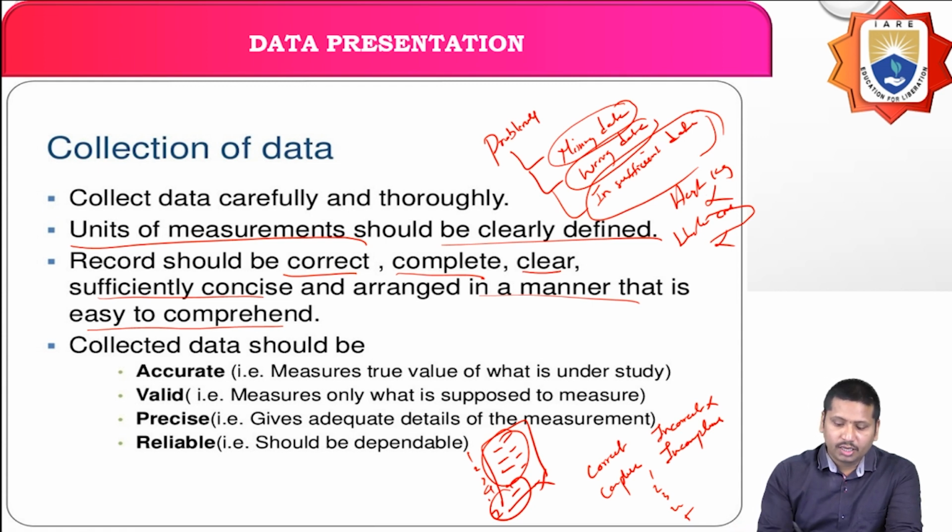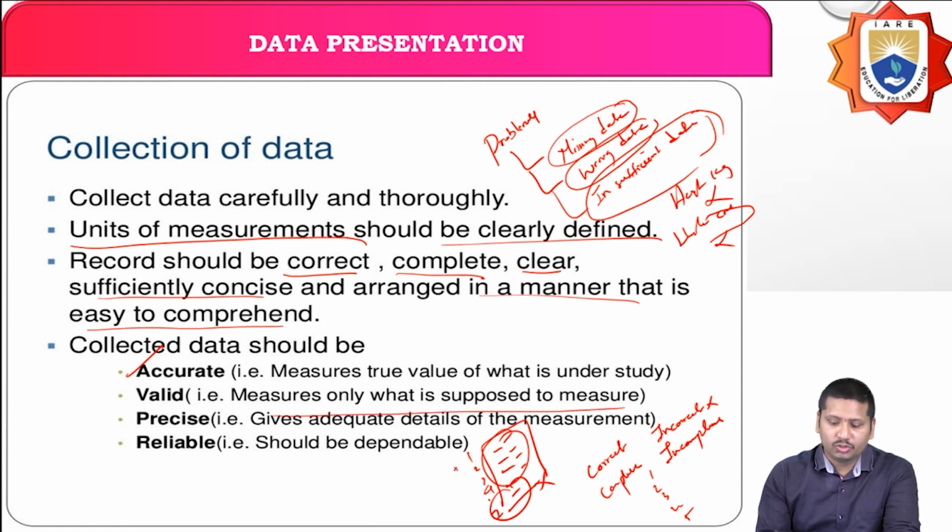Normally the collected data should be accurate, that is, it should measure the true value of what is under study. That is the thing to be considered. Valid means it measures only what is supposed to be measured.